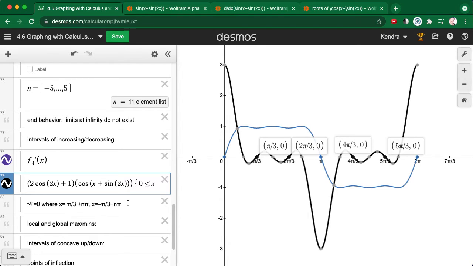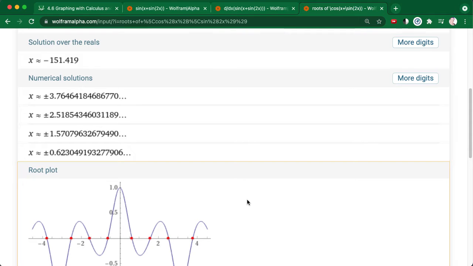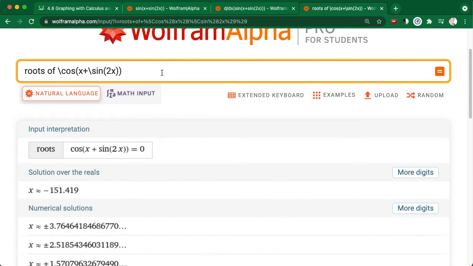And the other ones are, let's grab the roots that are between 0 and 2 pi. It looks like I want a few more of those. And let's say if we can go from 0 less than or equal to x less than or equal to 2 pi.